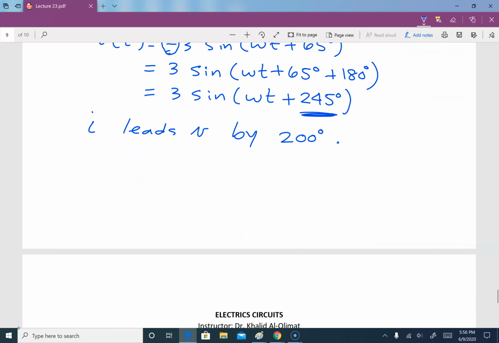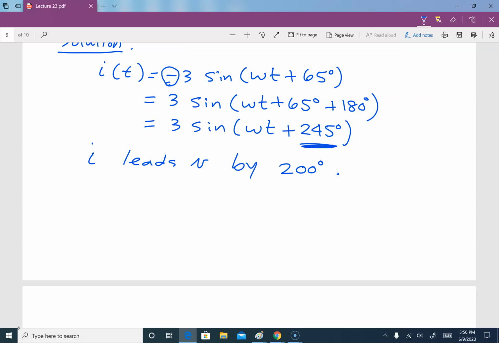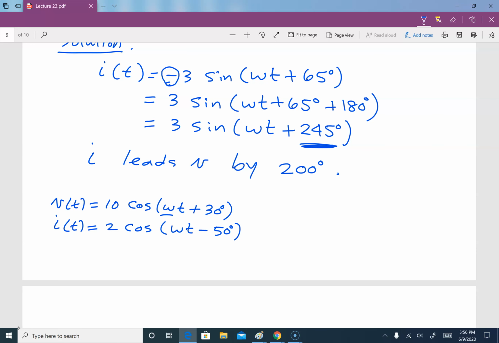Please pay attention to the following. If I have, let's say, V of t to be 10 cosine omega t plus 30 degrees, and I of t is 2 cosine omega t minus 50 degrees. If you look over here, omega and omega are equal, and this is cosine, the same expression.